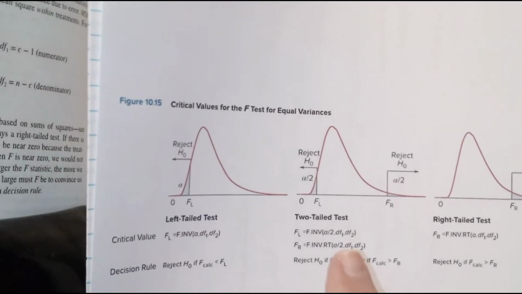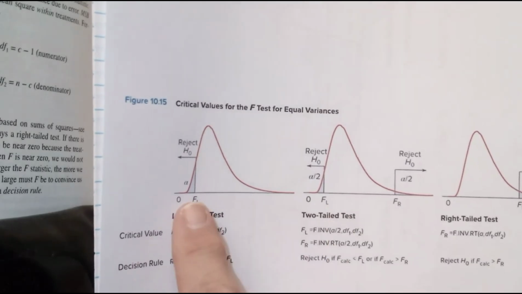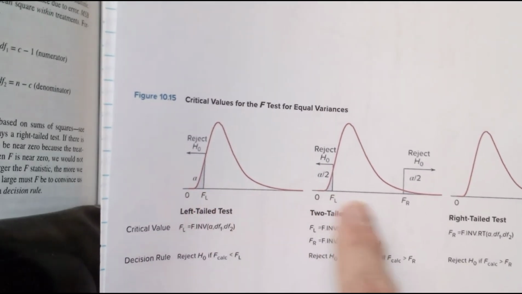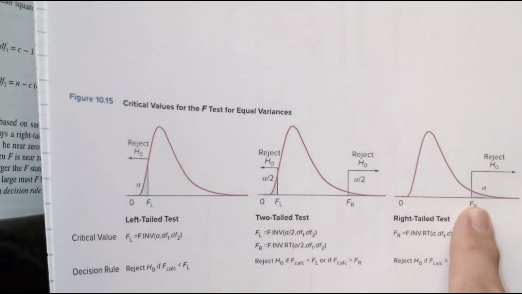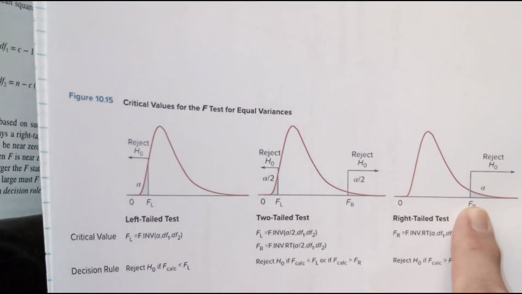I either reject if I'm outside the shaded area, or if I have a p-value.